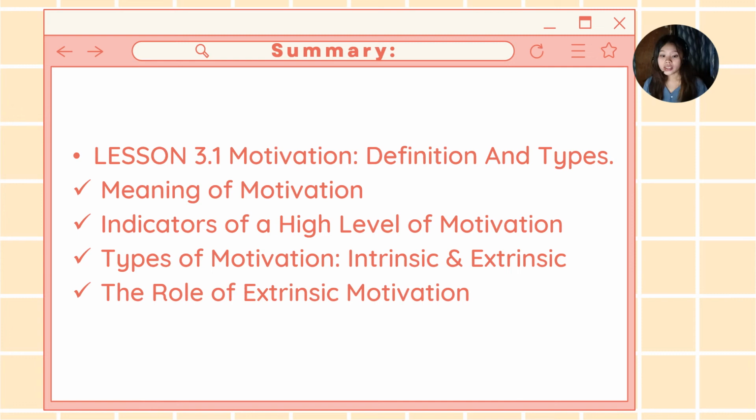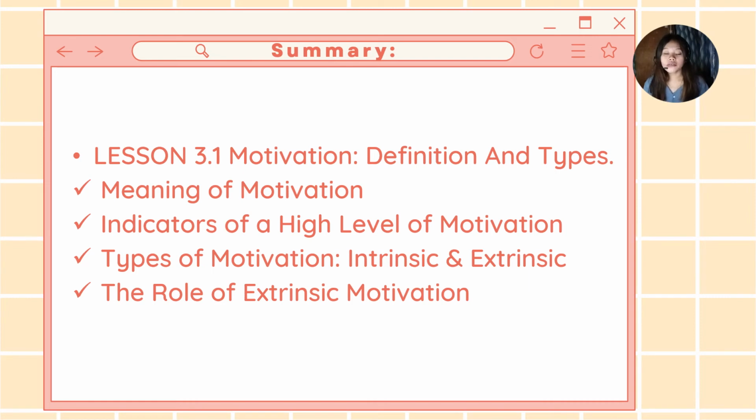To summarize, in lesson 3.1, motivation, its definition and types. First, the meaning of motivation. According to Schunk, Pintrich, and Meece, 2008, motivation is a process whereby goal-directed activity is instigated and sustained.